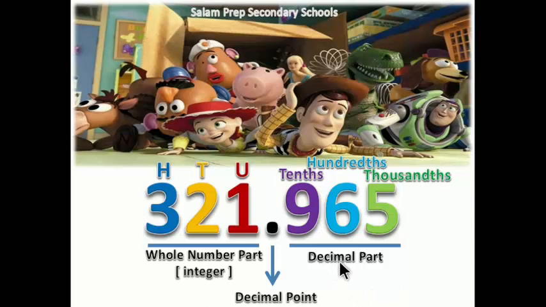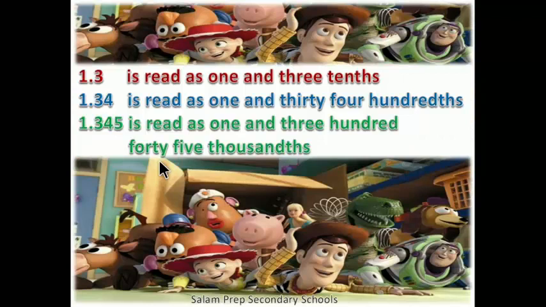The decimal part starts with the tenths place, hundredths place, thousandths place. Now learn how to read decimal numbers. 1.3 is read as 1 and 3 tenths.